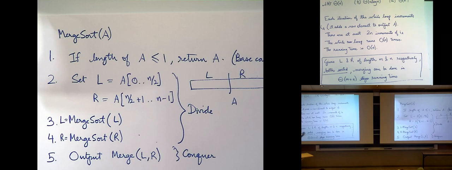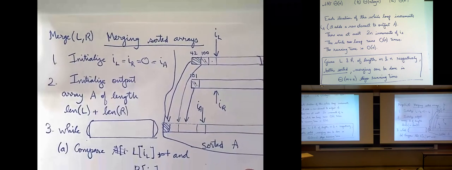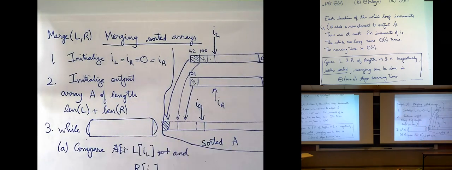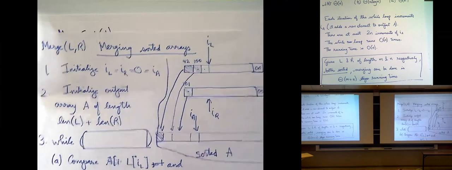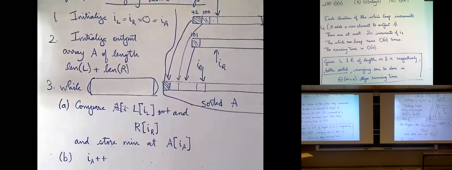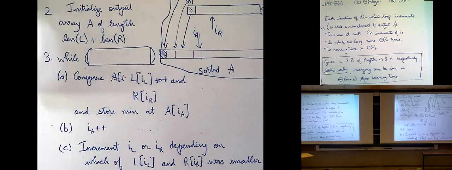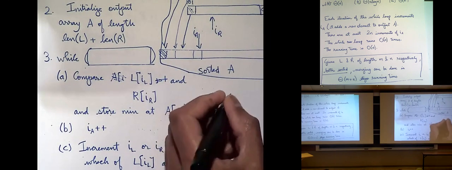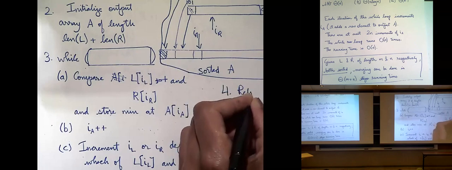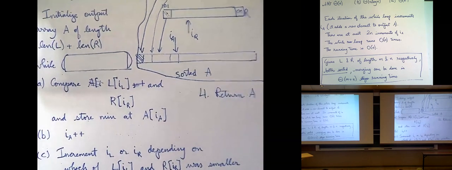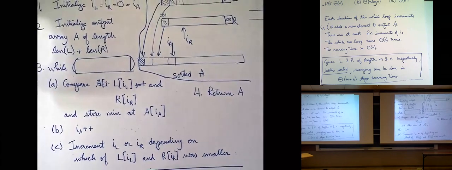Imagine that the merge procedure as written here, you give it L and R and it initializes a new output array, and it just returns that whole array. So I should have probably said over here that step 4 would have been return A, when all of this is done. So it's going to return the merged array.